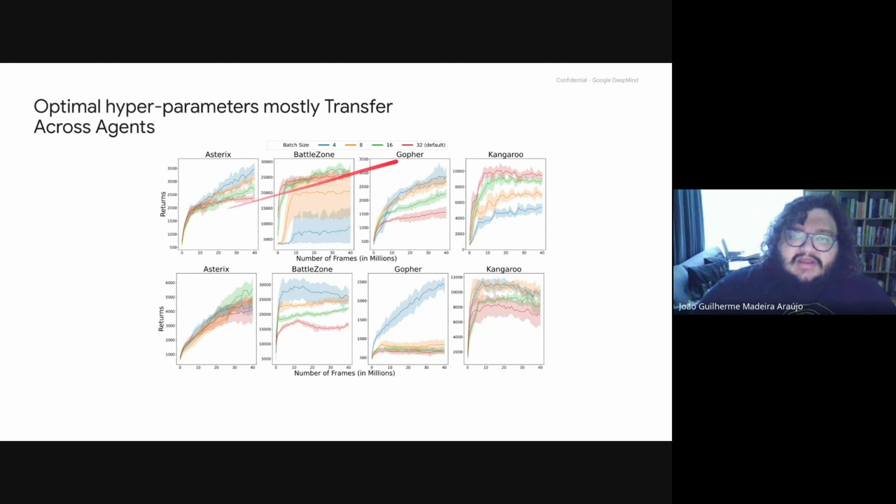In the same way, with a batch size of 32, you can get pretty bad performance at Asterix and Gopher, and get top performance at Battlezone and Kangaroo. So this is what I mean when I say that the consistency is bad, that metric is high. It means that a value that's really good in one environment can be extremely bad in another.